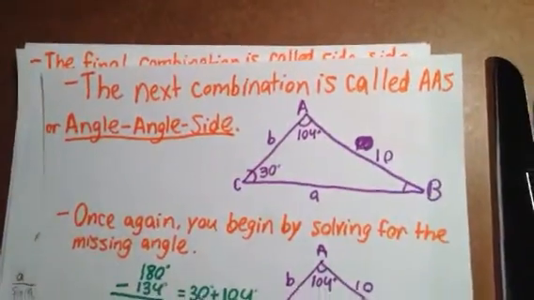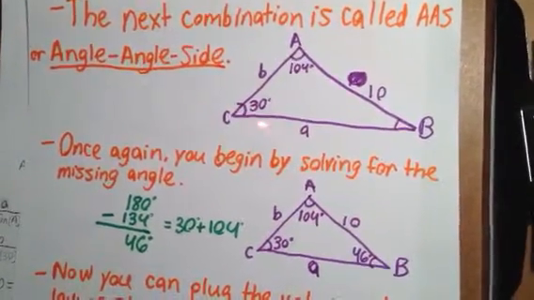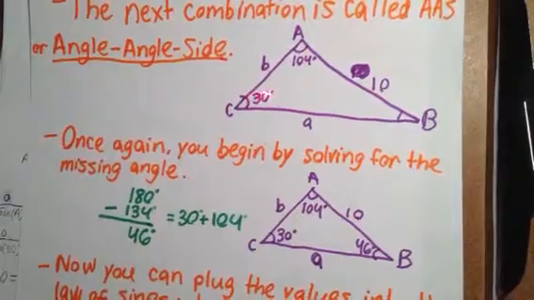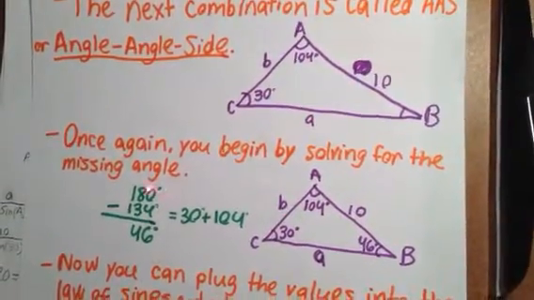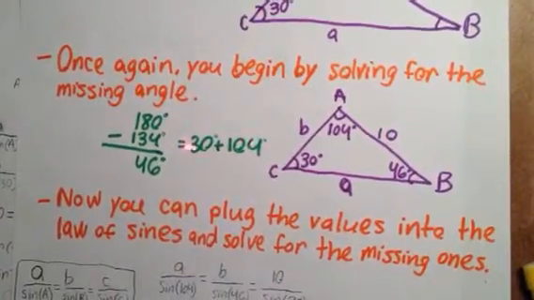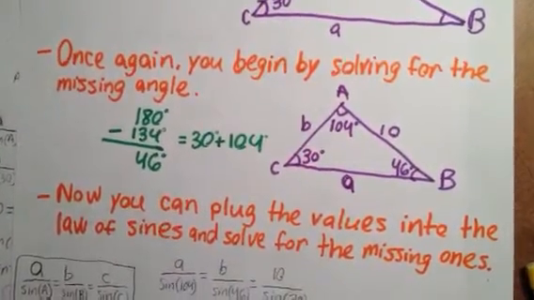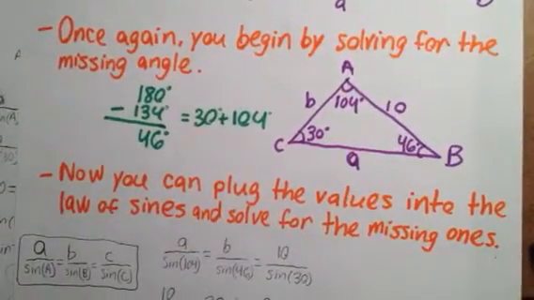The next combination is called AAS, or angle-angle-side. Right here I use one angle, then another angle, then one side. You begin by solving for the missing angle. I added together the two angles, and then I subtracted it from 180, and I found 46, which I put over here.